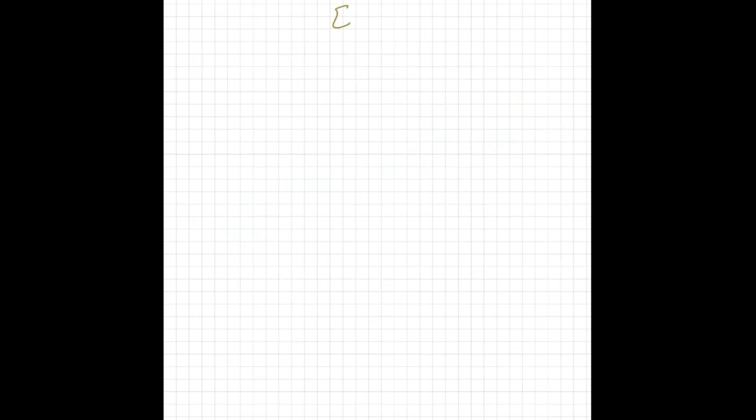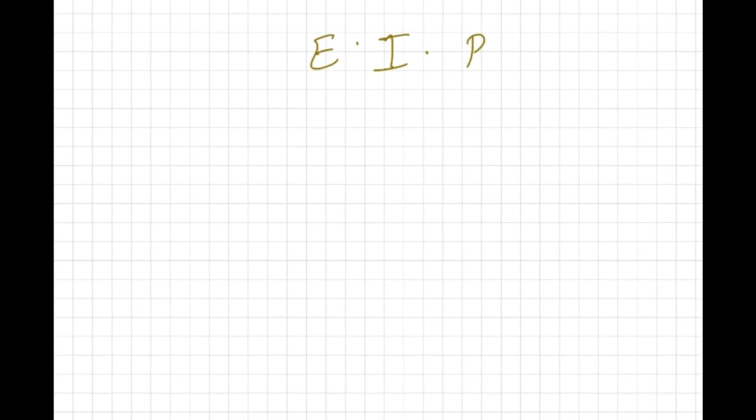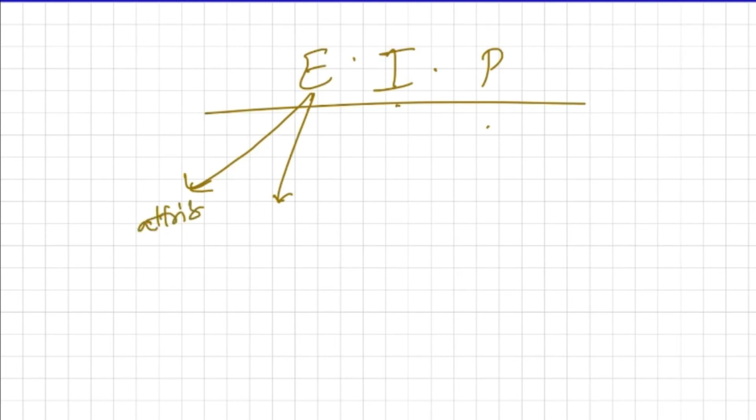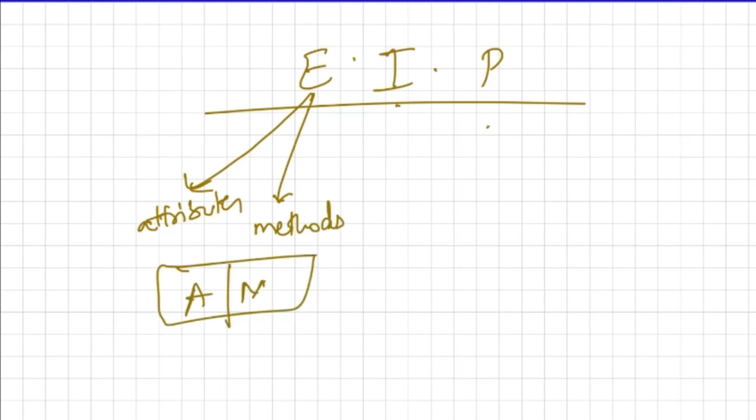Now let's discuss encapsulation, inheritance, and polymorphism again. Encapsulation basically gives us information about attributes and methods. These attributes and methods are encapsulated inside the objects because the class is defined like that.